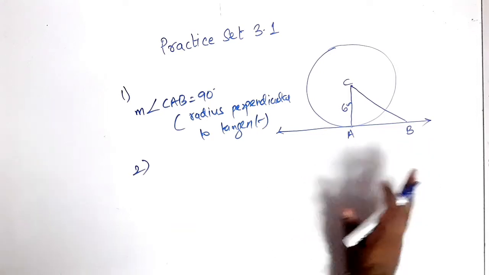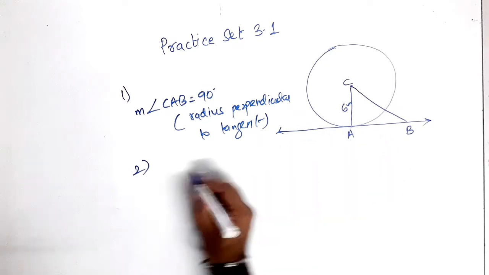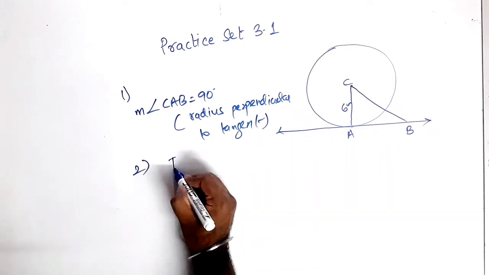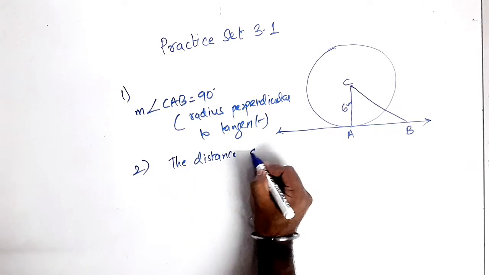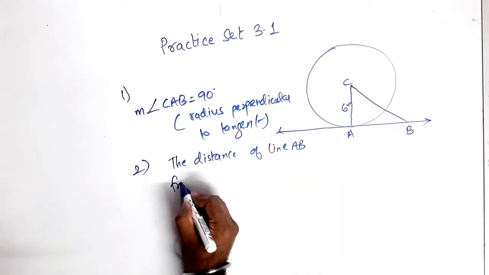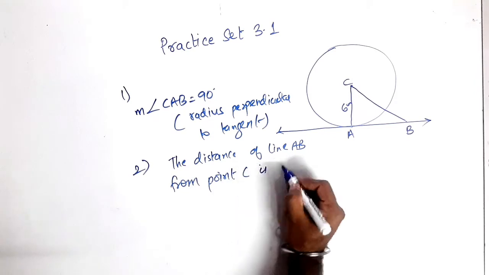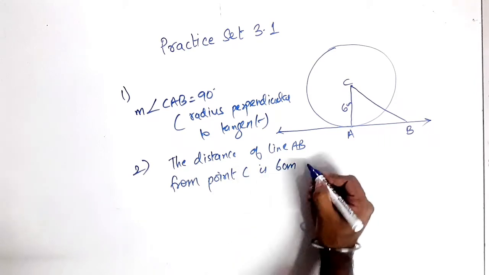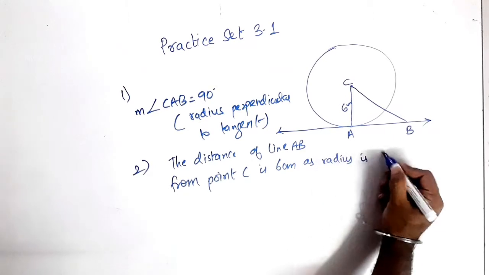See, when we talk about distance, it is always perpendicular distance. Okay, so the distance of line AB from point C is 6 centimeter as radius is 6 centimeter.